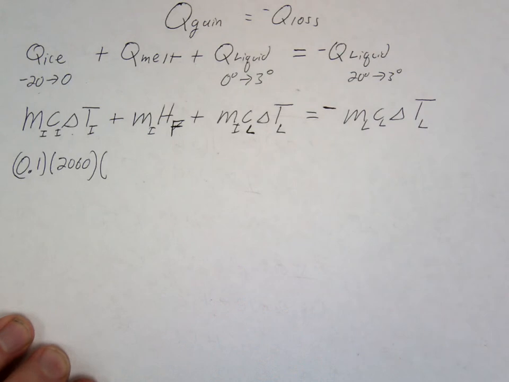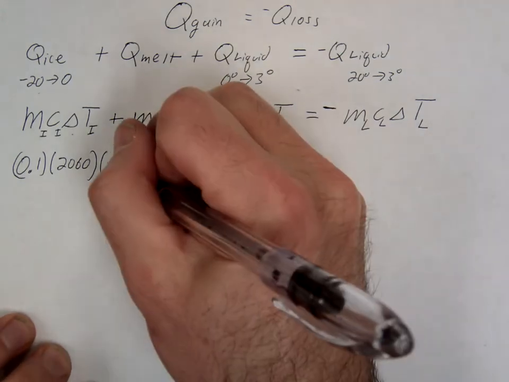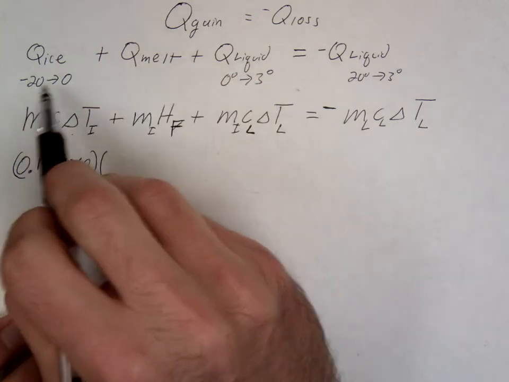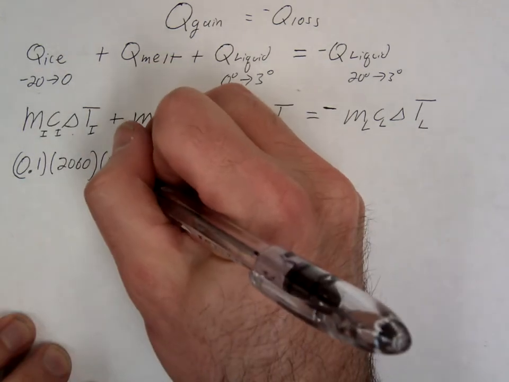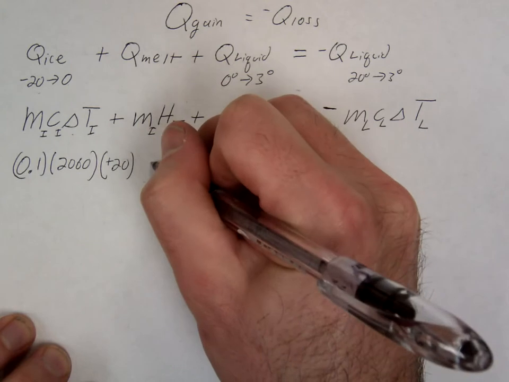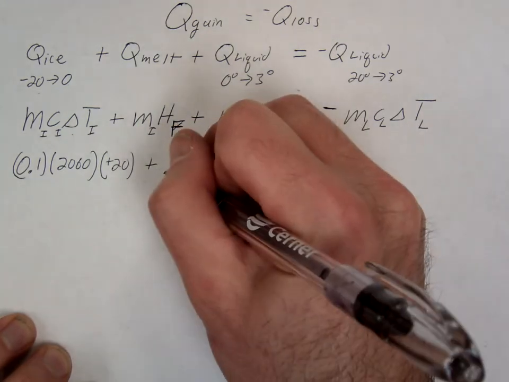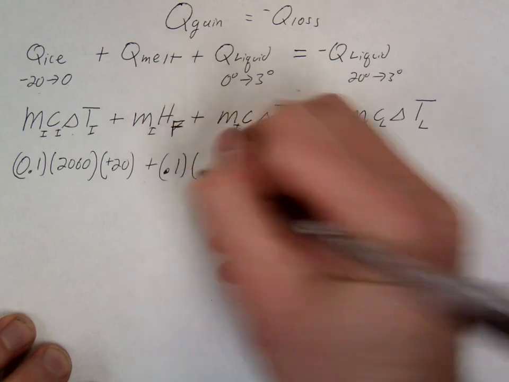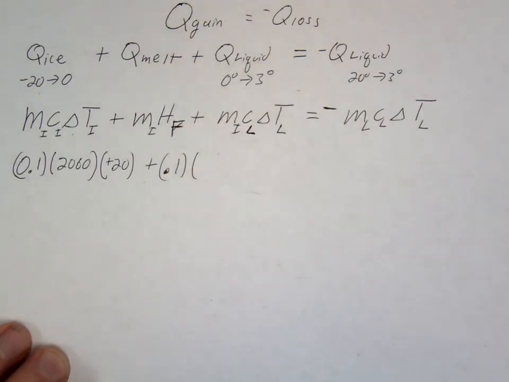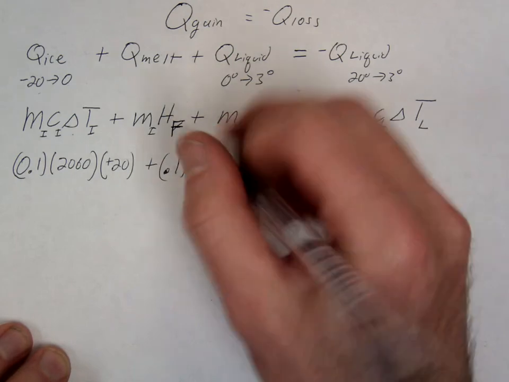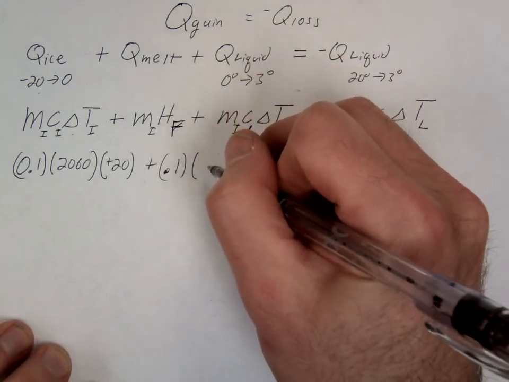Temperature change for ice, negative 20 to 0. So that's going to be a 20 degree change, positive because it's heating up. Mass of ice is still 0.1. Heat of fusion of ice, 334.